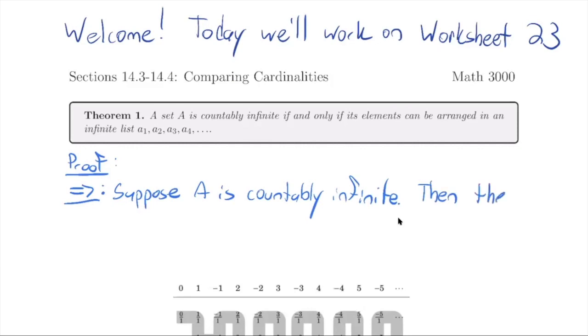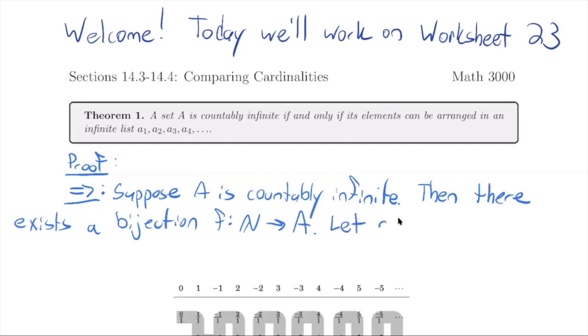Then there exists a bijection f from the natural numbers into and onto this set A. We let element A1 in set A be the image of 1 under this map, and then we let A2 be the image f(2), A3 be f(3), and so on.